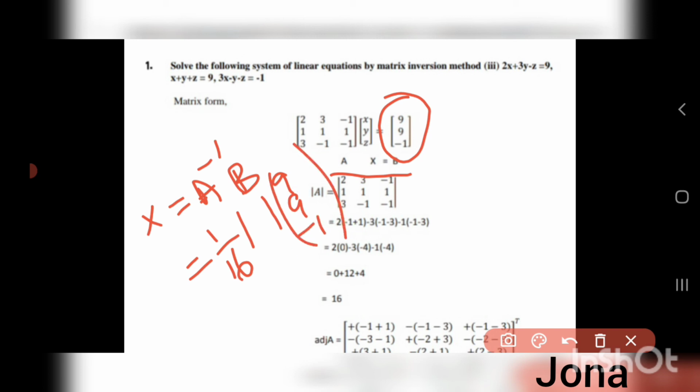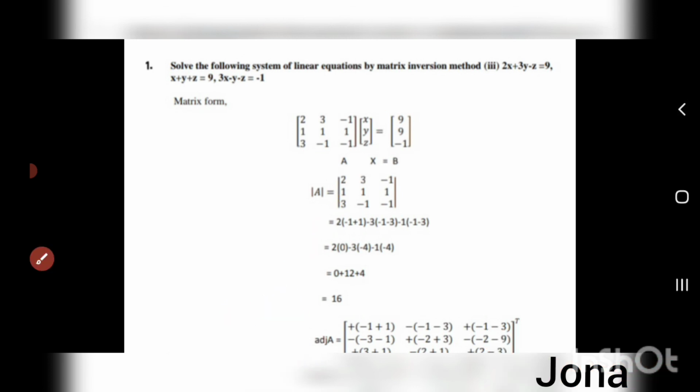So we have to multiply these two here. Keep this 1 by 16 as it is, and multiply these two matrices, so that we have the values of x, y, z, and then we should write in the format x equal to something, y equal to the answer, z equal to the other answer you got.